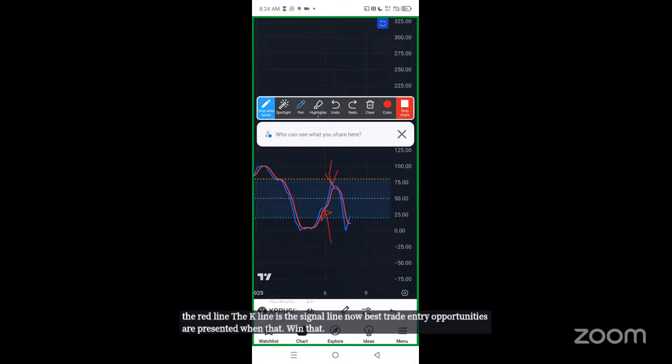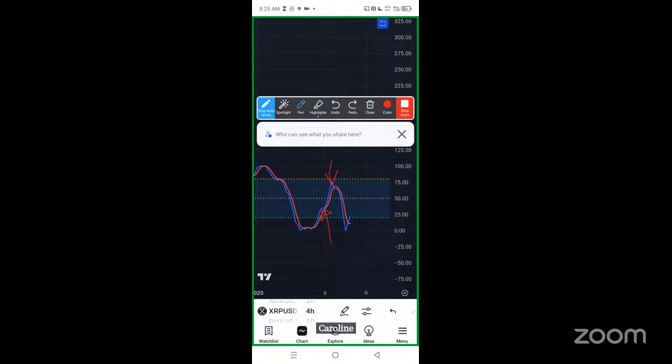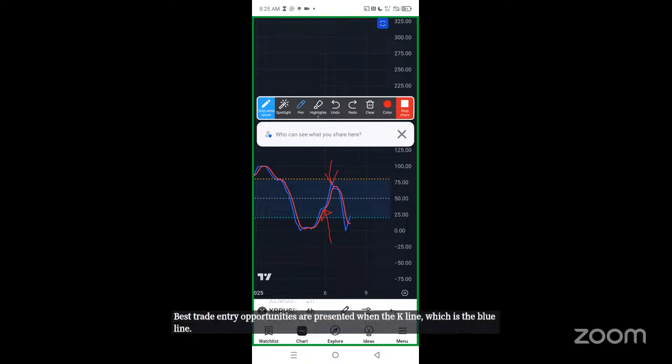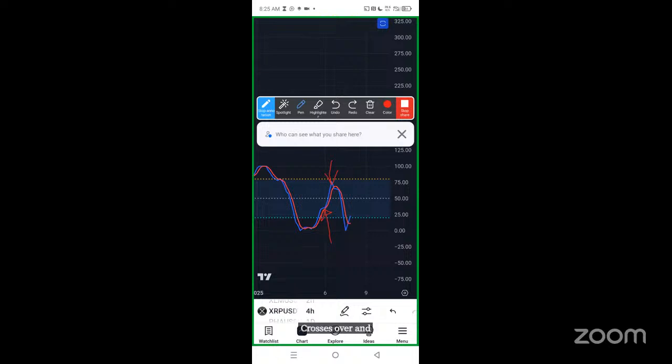Best trade entry opportunities are presented when the K line, which is the blue line, crosses over and begins moving above the D line.